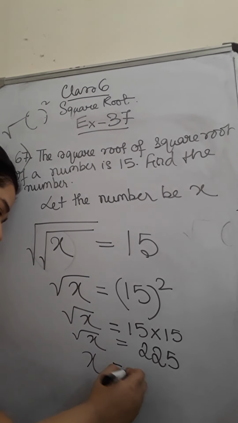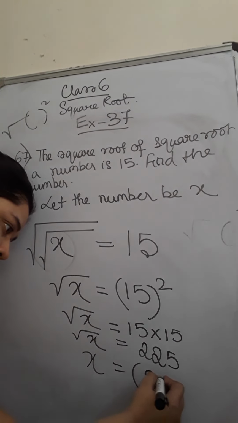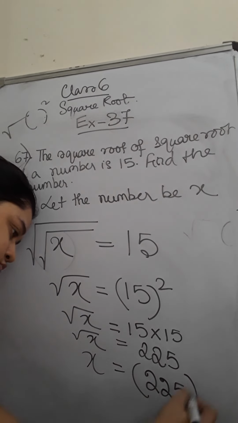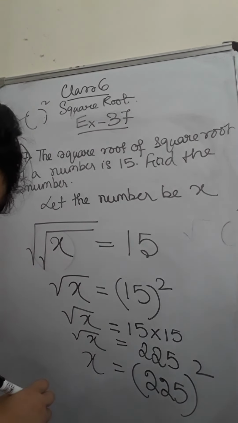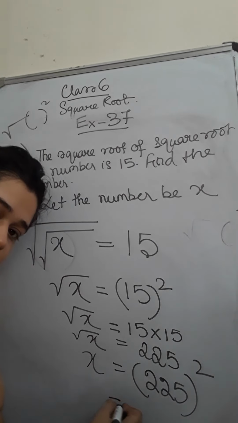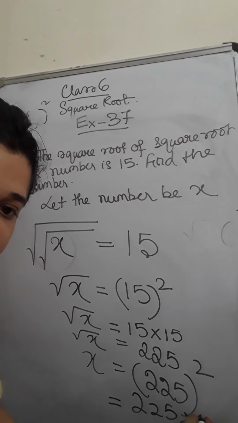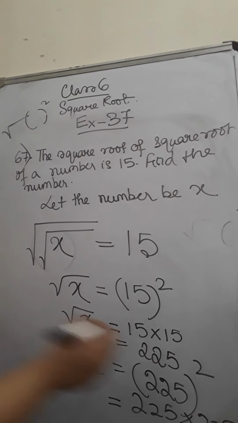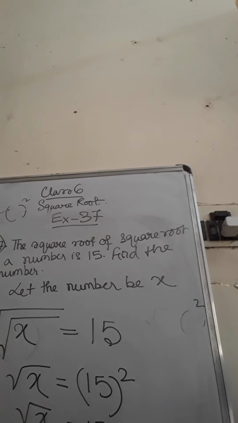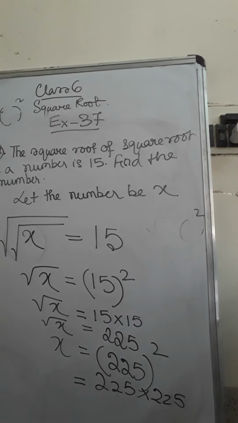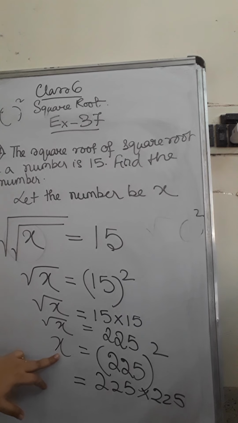So x is equal to the square of 225. If you find 225 into 225, you will get the answer for the unknown number x.